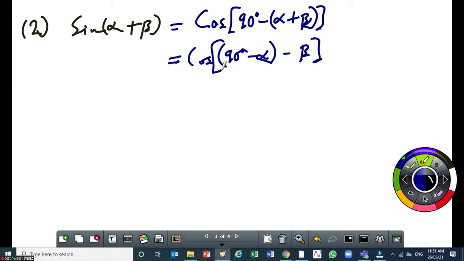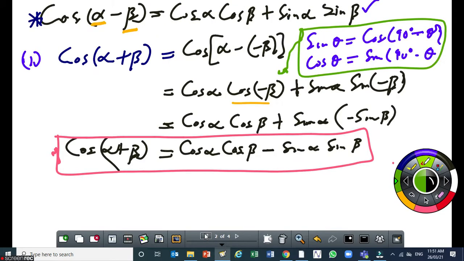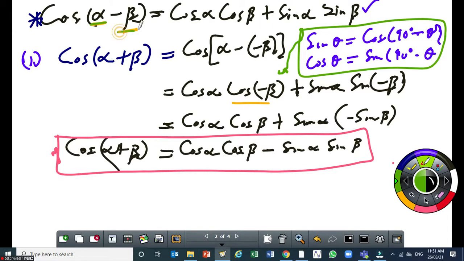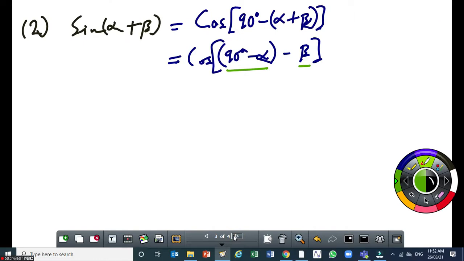Now, what I have here is going to look like this. You see this alpha here? It's going to be that 90 minus alpha. That minus beta is going to be that minus beta. That's the objective. So from here, I can move on.